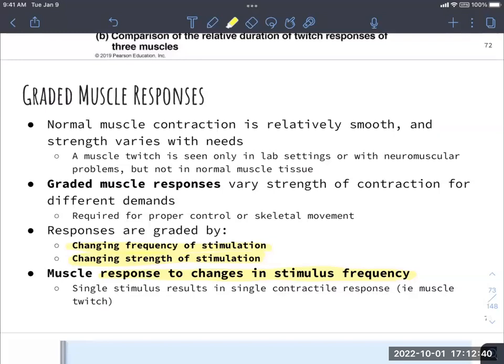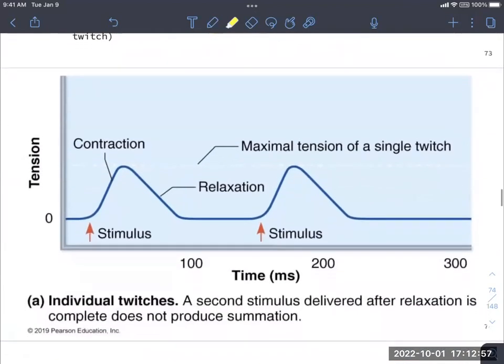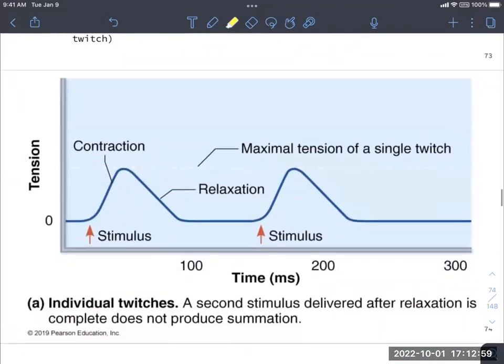And I said on the last couple of slides, a single stimulus, one action potential, will result in a single contractile response. It's contract, relax. And then that's it. But if we get more than one stimulus sent to a muscle, this is what we would see.